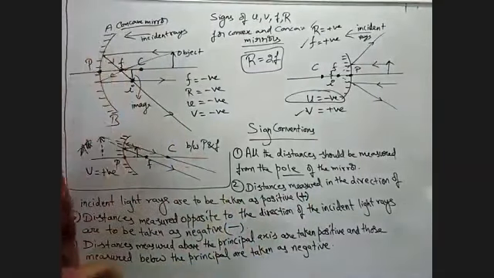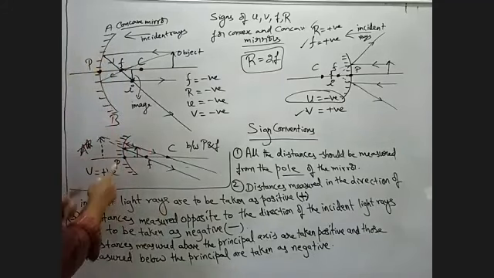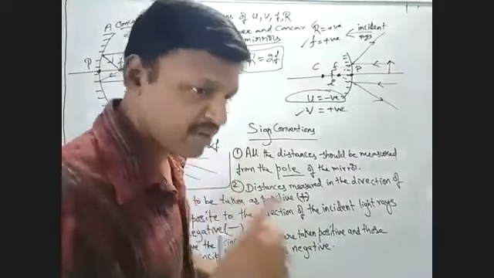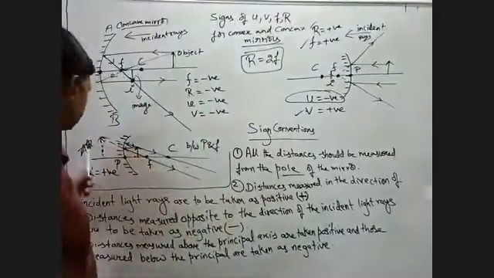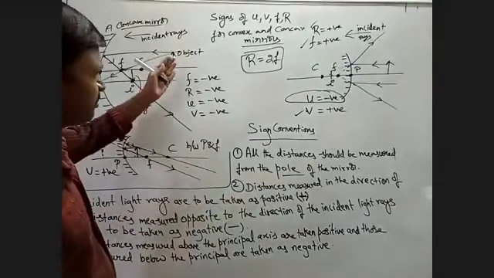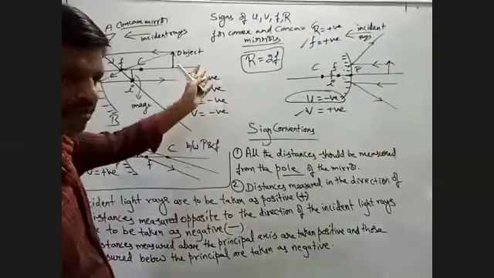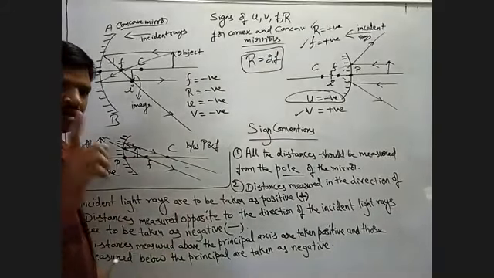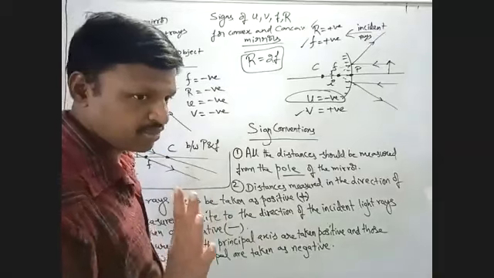Then if you keep it between the pole and focus, you get a virtual image, and it is also erect. That is the only case. The remaining cases are all inverted.